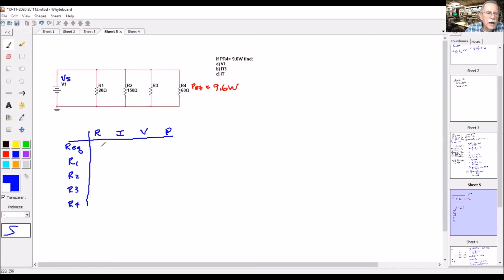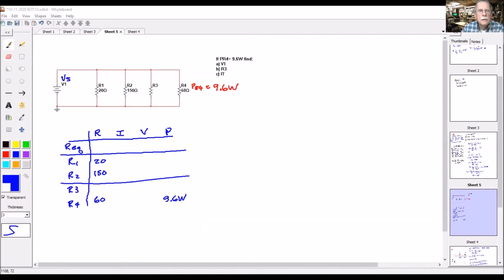All right, we're told that R1 is 20 ohms, R2 is 150, R3 is unknown, R4 is 60. We're told P sub R4 is 9.6 watts. And that's pretty much all we know.